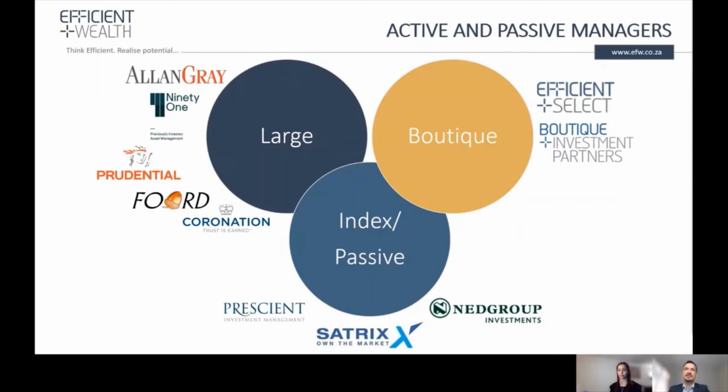We invest in both active fund managers and passive fund managers. That reduces the cost of our portfolios. In the active space, we also split it between boutique managers that are smaller, more nimble and flexible, and can more actively manage the funds than the large active fund managers. And as I mentioned, we also include index exposure to reduce the cost of our portfolios.